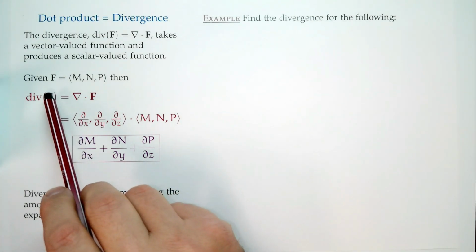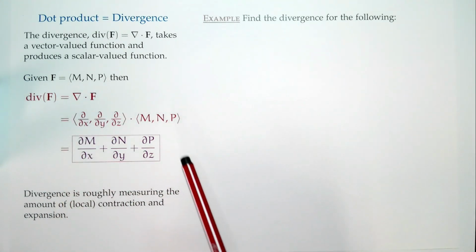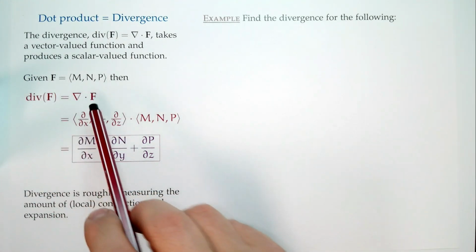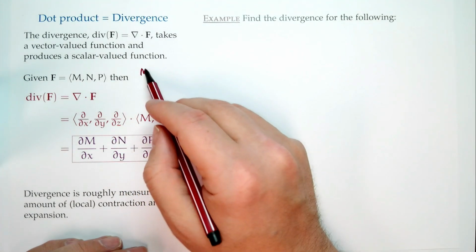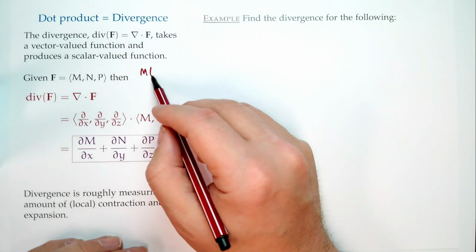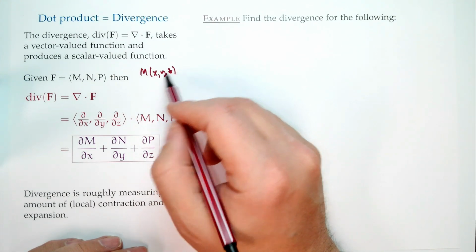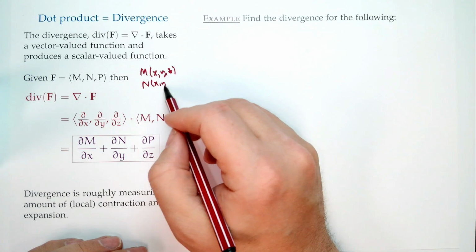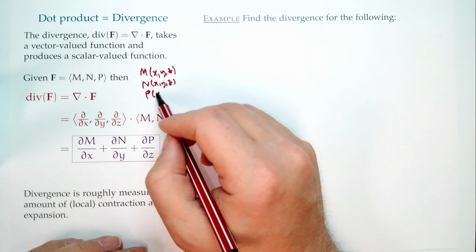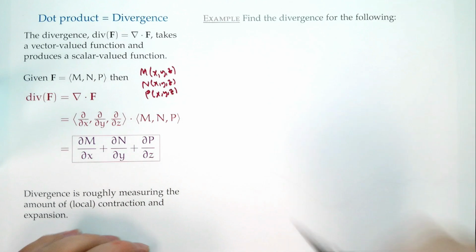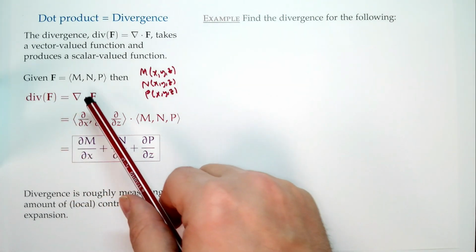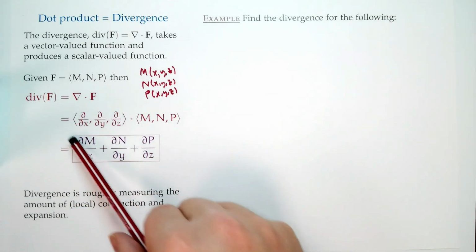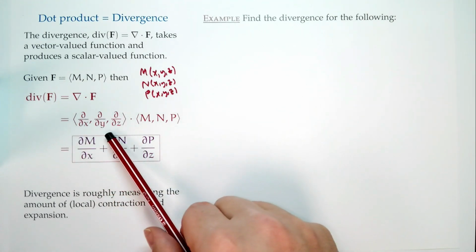So suppose our function is M, N, P. It doesn't have to be a 3-dimensional thing. And when I write M, N, P, by the way, what I'm really doing is saving a little bit of shorthand. M is really a function of x, y, and z, and N is a function of x, y, and z, and P is a function of x, y, and z. So these are multivariable functions. So the divergence of f is del dot f. Remember del, it's our partial derivatives.